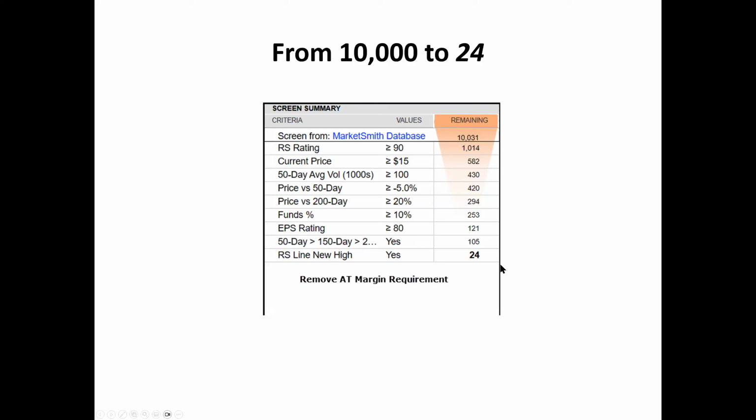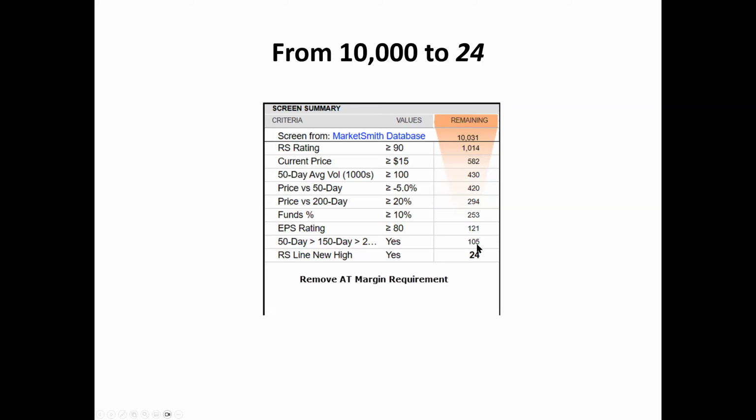These are just the criteria that I've used to find stocks, which is high relative strength rating, volume is good, price is above the 50-day or just kind of right at the 50-day moving average. The price is above the 200-day moving average. They've got strong earnings, and then they've got a good hierarchy here where the 50-day is above the 100-day, which is above the 200-day. So what we're really defining here is a trend.